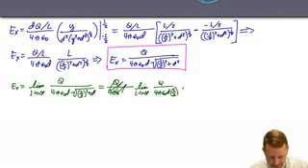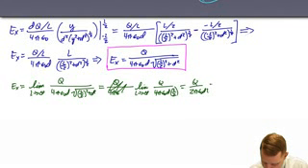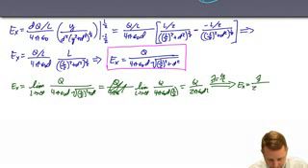When we do that, 4 divided by 2 is just going to be 2, so Q over 2 pi epsilon naught dL. But remember, lambda equals Q over L, so that just becomes Ex equal to lambda over 2 pi epsilon naught d.